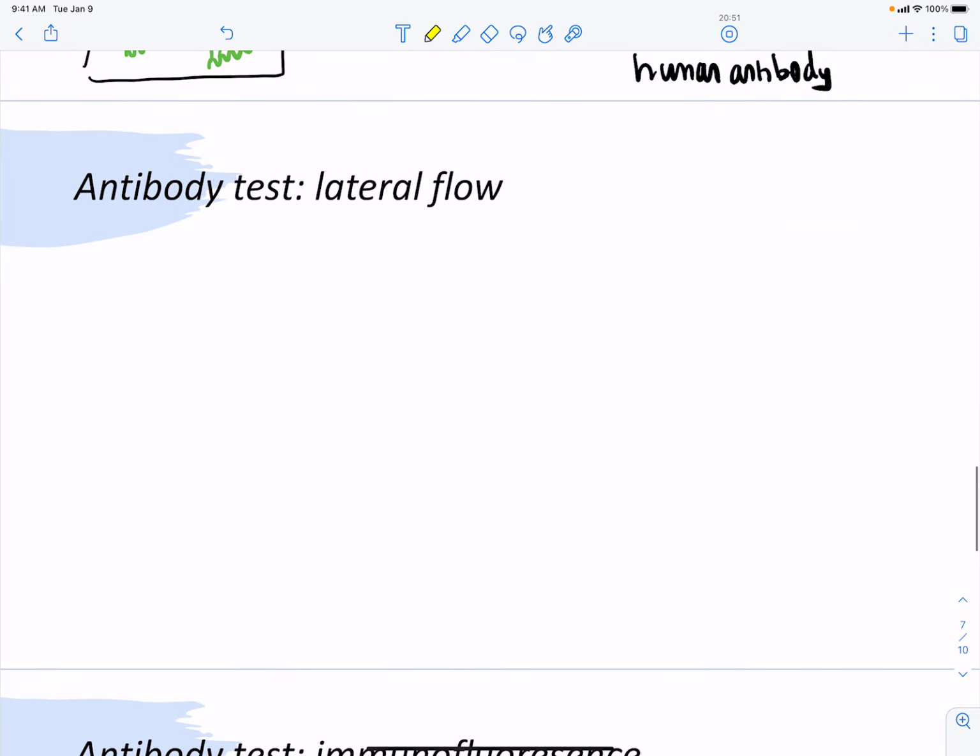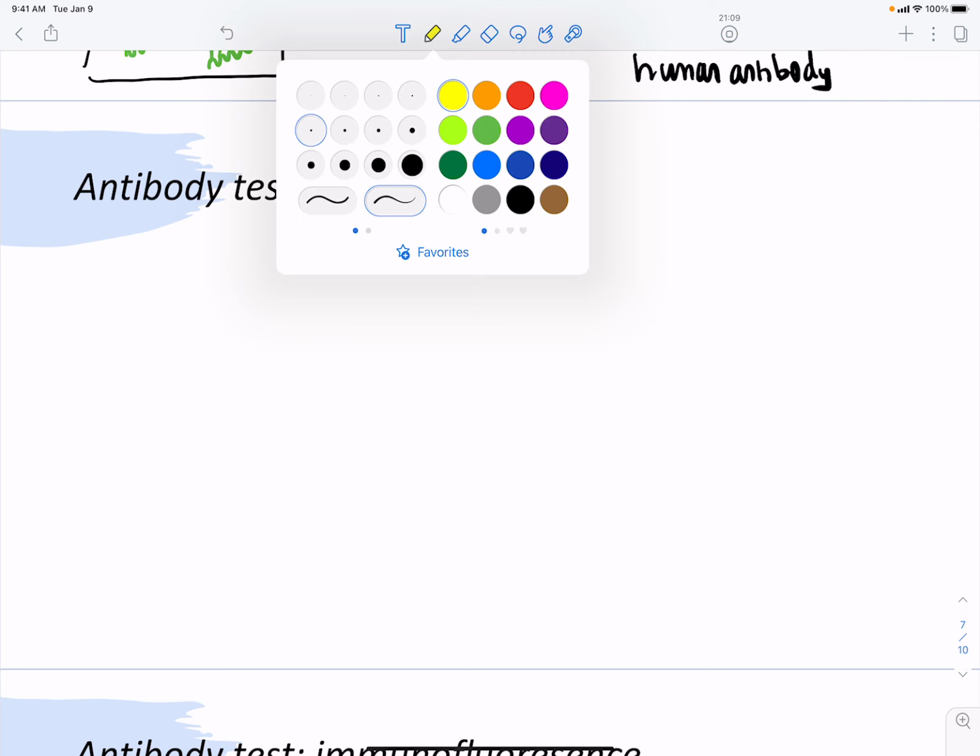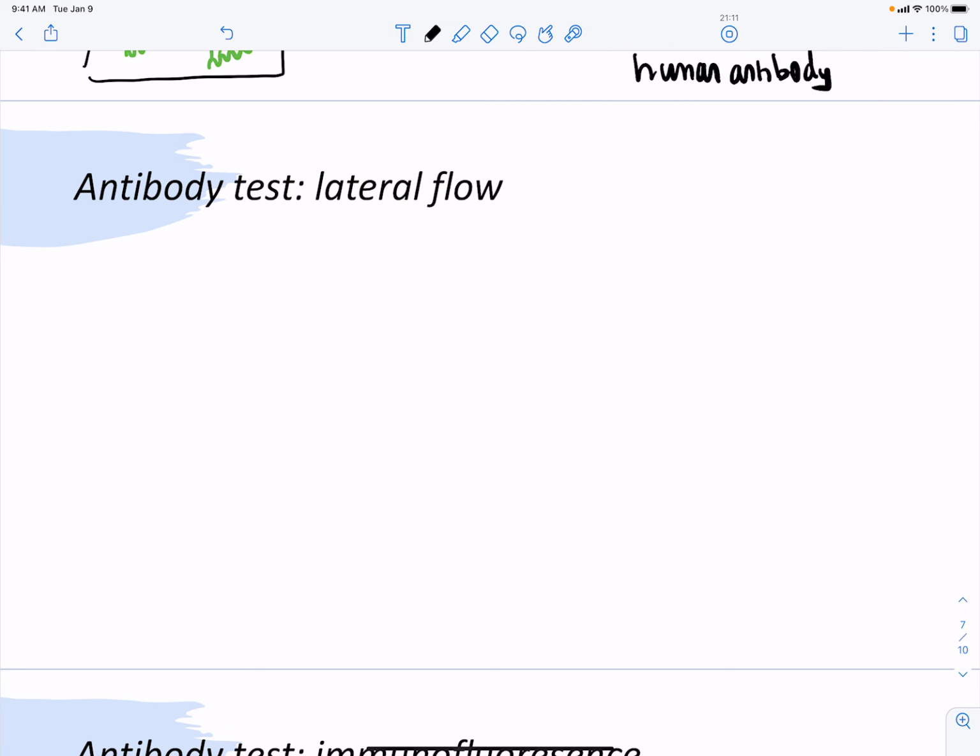Now there's also lateral flow tests. And so lateral flow tests are a way to measure your antibodies, proteins, or antigens in your body fluid using a very simple, straightforward ELISA-like test. And this is, for example, how they make pregnancy tests.